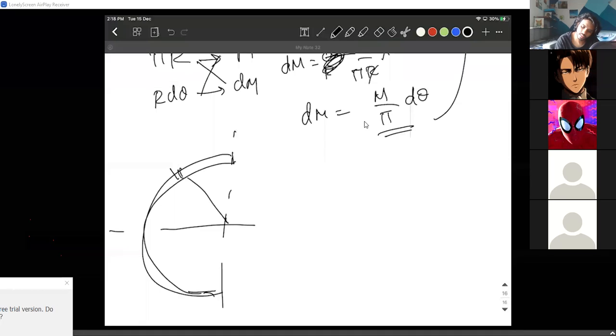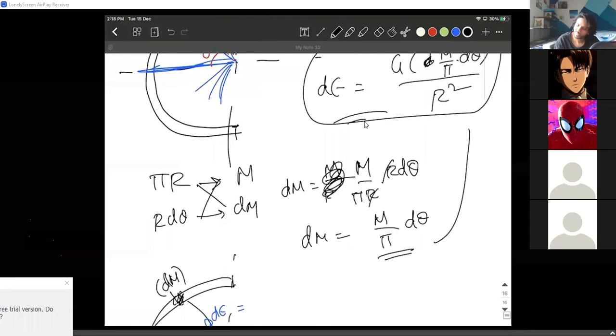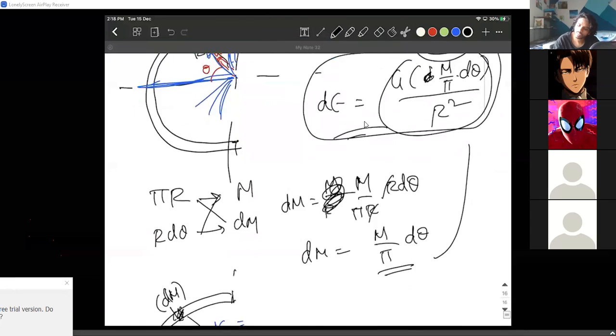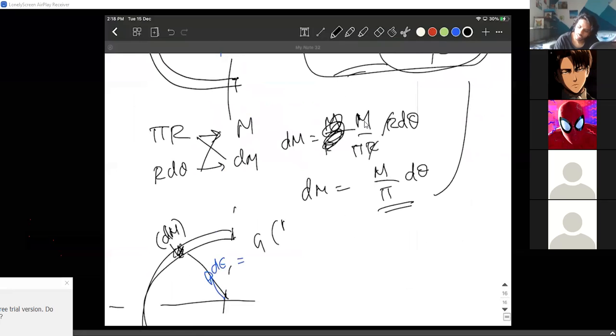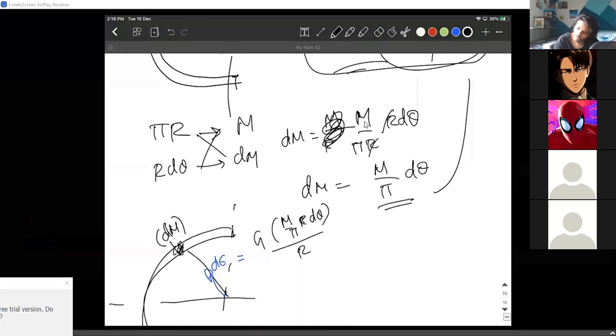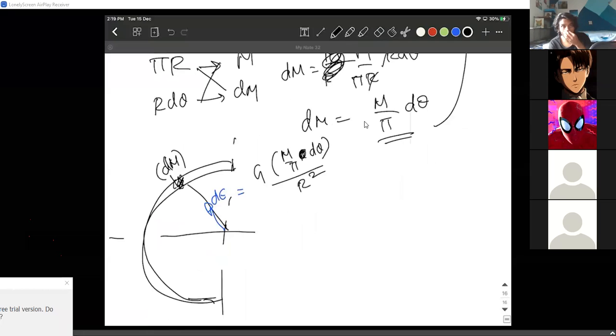the mass element dm is here, whose field dE, whose value is what we just found, is G m by pi into d theta by r square. Sorry, there is no r square in the mass expression. This is dE, but I cannot directly integrate dE.